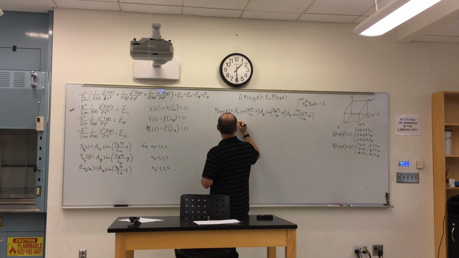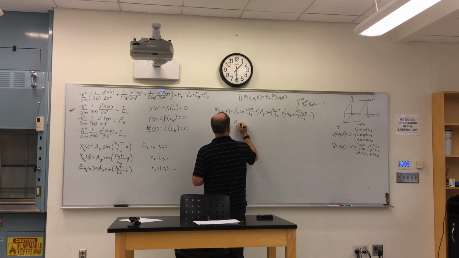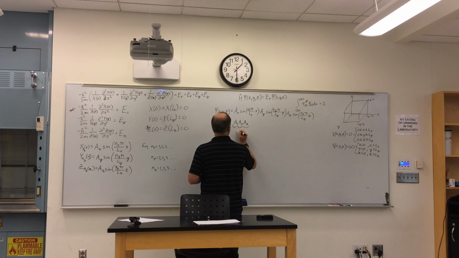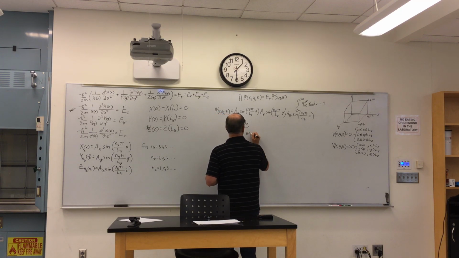We can bring all of our A's together, so this is A_x A_y A_z. Right, this here is our normalization constant.